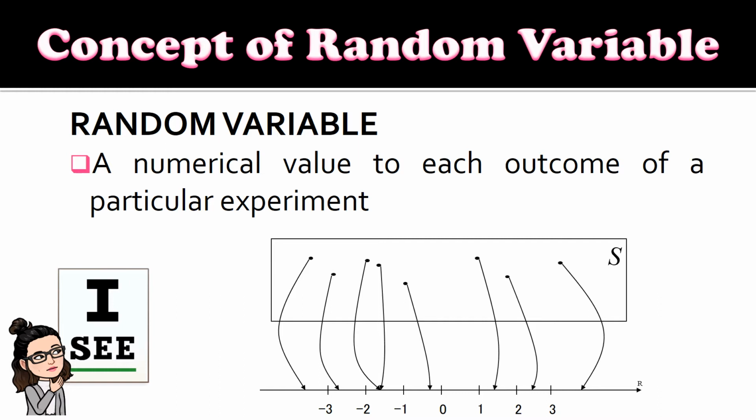There is an S, meaning that is the sample space. Corresponding to the line below that has numbers, each outcome has an assigned value. So a random variable has a numerical value.